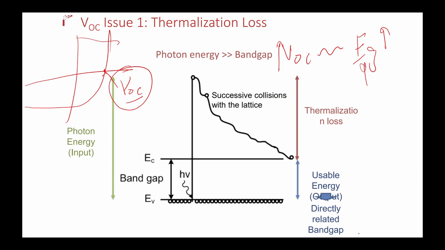The lower the band gap, the lower the VOC. But if we are increasing the band gap, then we are losing JSC, because if we increase the band gap, we will absorb less light from the solar spectrum.